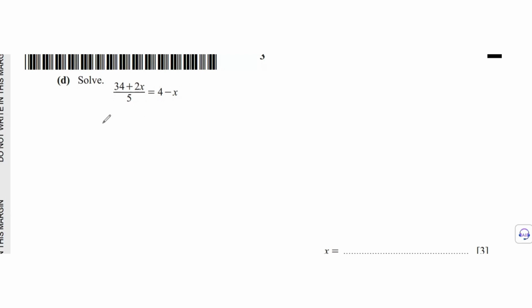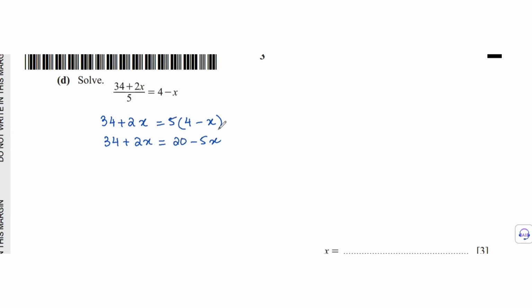If we cross multiply, we get 34 plus 2x equals 5 times (4 minus x). So we multiply 5 with 4 and negative x, which gives us 20 minus 5x.